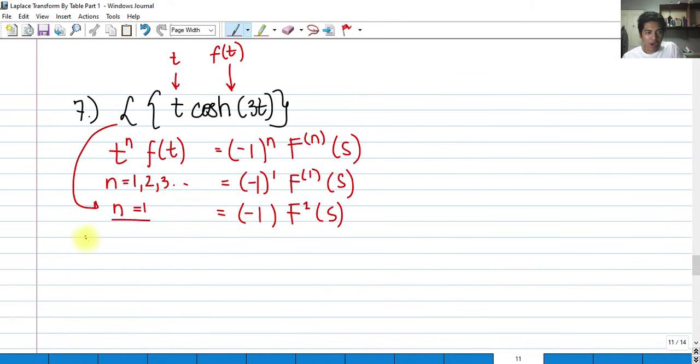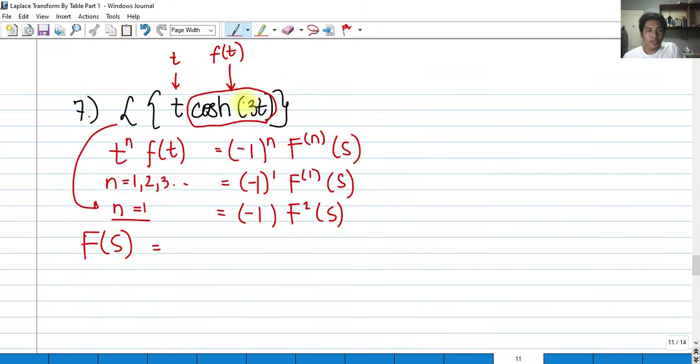So our goal is first to find the F of s, the F of s of this f of t first.